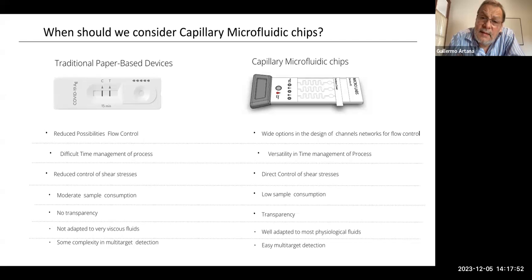Also, it is quite simple to propose multi-target detections. This is possible also in traditional paper-based devices, but with some complexities. So there are some possibilities that are quite interesting for capillary networks that can be exploited, and that's the reason why we started some time ago to work with this kind of device.